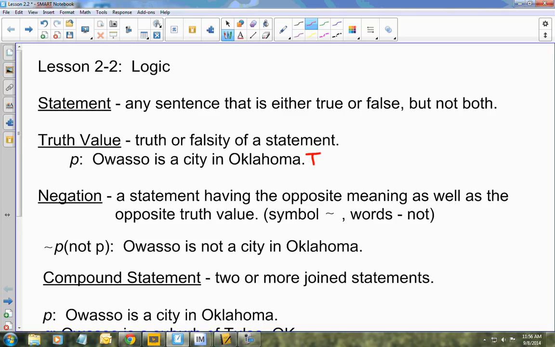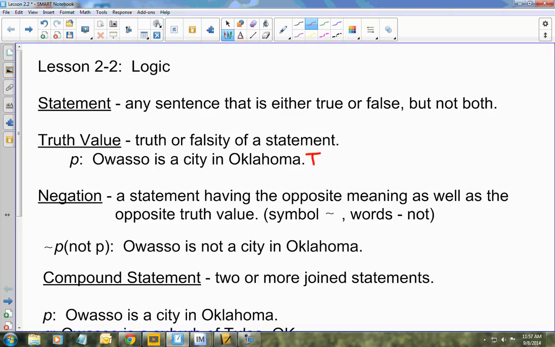Now, you can take a statement and you can negate it, which means you change the truth value of it. If it was true, it becomes false. If it's false, it becomes true. And this little squiggle right here, you read that as not. So if I have a little squiggle and a P, that means not P. I'm going to negate statement P. So instead of Owasso is a city in Oklahoma, it would be Owasso is not a city in Oklahoma.